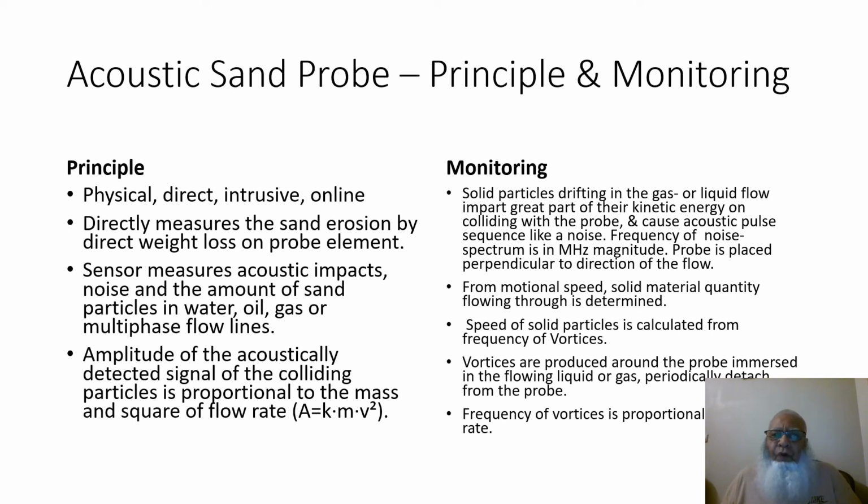From motional speed, the solid material quantity flowing through is determined. The speed of solid particles is calculated from the frequency of vortex. Vortices are produced around the probe immersed in the flowing liquid and gas, and periodically detach from the probe. The frequency of vortex is proportional to the corrosion rate.